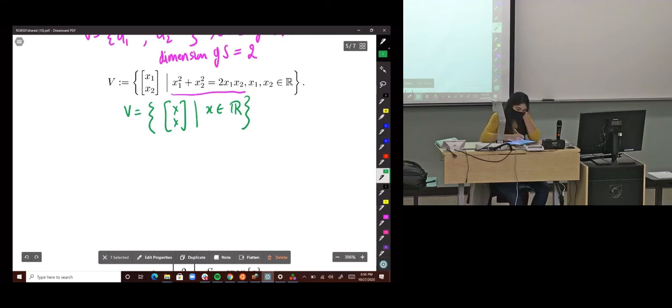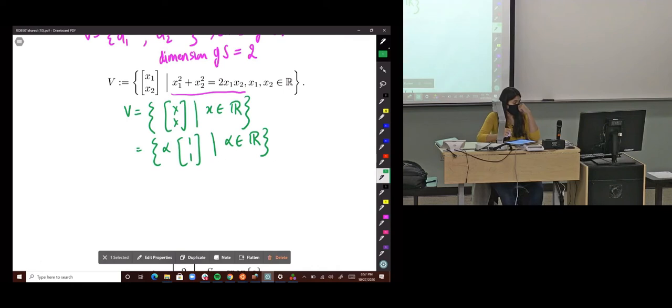Now, this can be written as alpha times (1, 1), where alpha belongs to the set of real numbers. So by this, we're saying that any element in V can be written as a linear combination of this vector (1, 1).